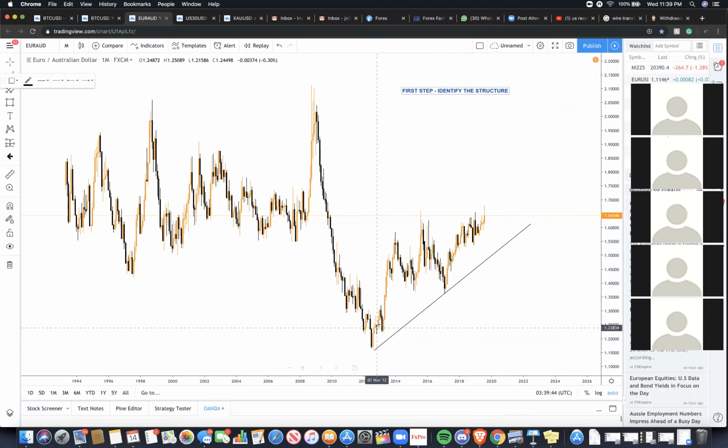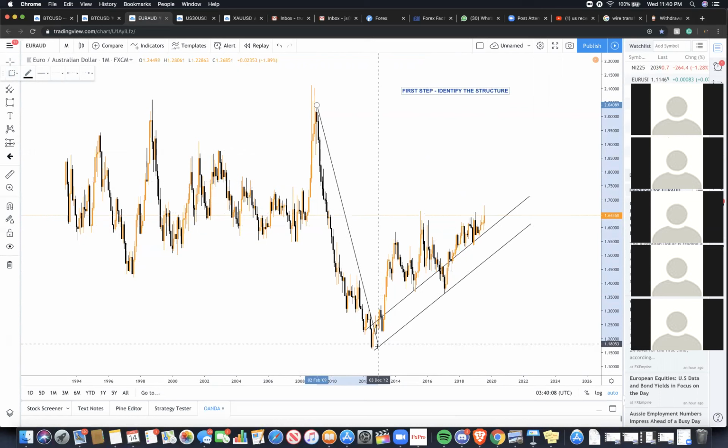And if it helps, let's identify this one here. Now, I know that the market is trending upwards, right? I'm going to identify what the previous trend was doing. So here's the previous trend.